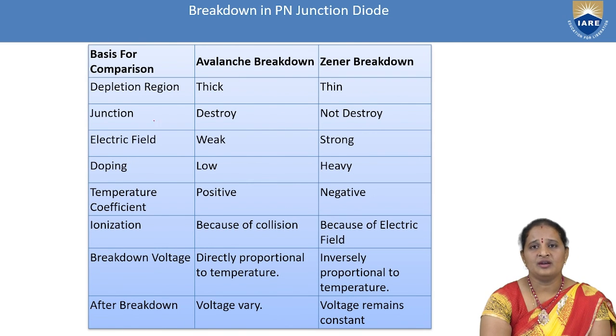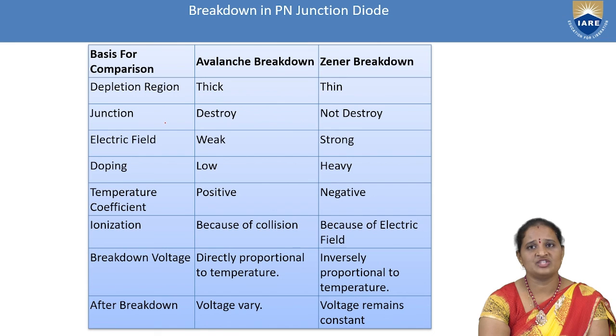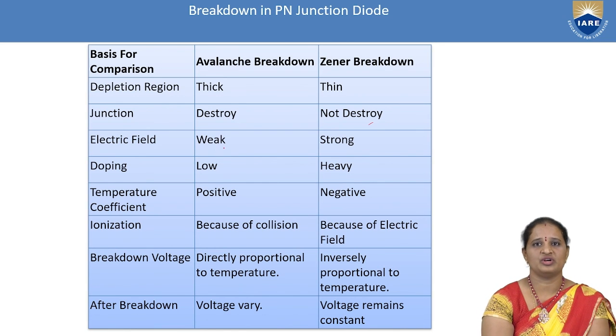Once the avalanche breakdown has happened, the junction is destroyed, whereas in the case of Zener breakdown, the junction will not be destroyed. It can regain its original position by just removing the applied voltage.